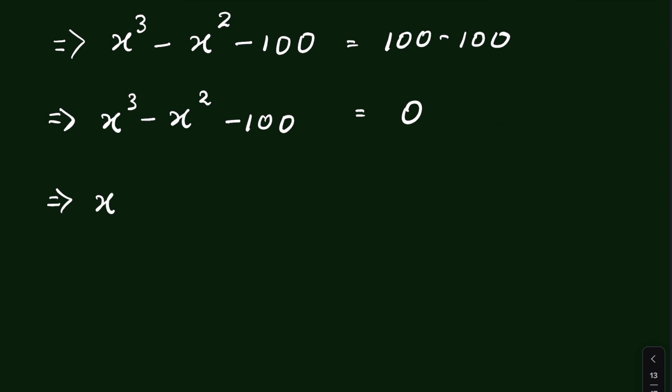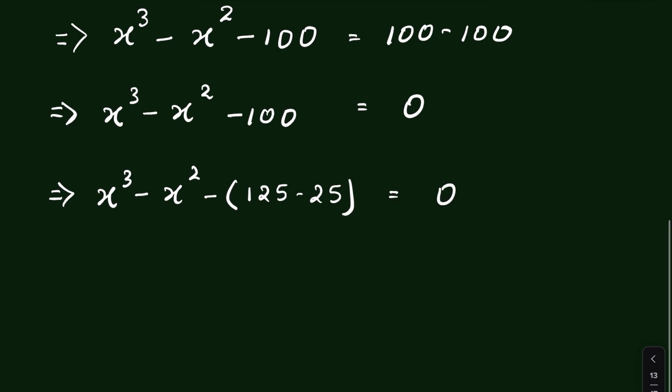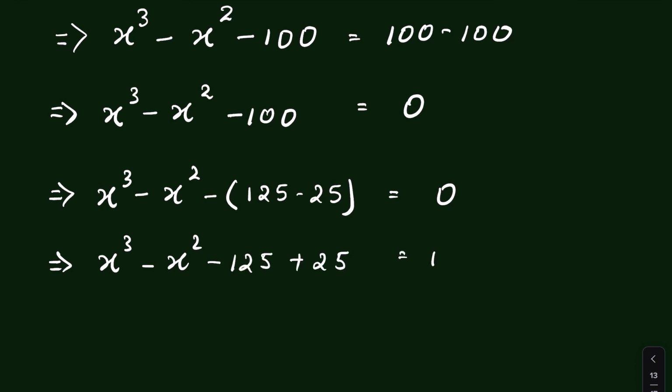Or x cube minus x square, and this minus 100, we can write it as minus 125 minus 25 inside the bracket, which equals 100, is equal to 0. Or we can write it as x cube minus x square minus 125 plus 25 is equal to 0.